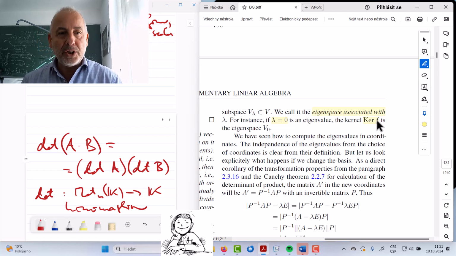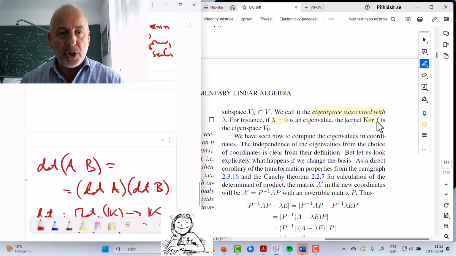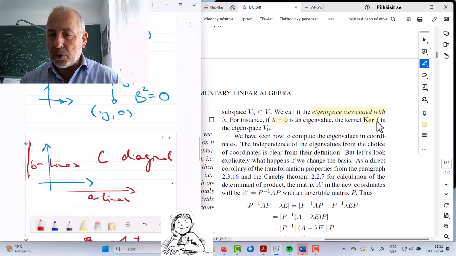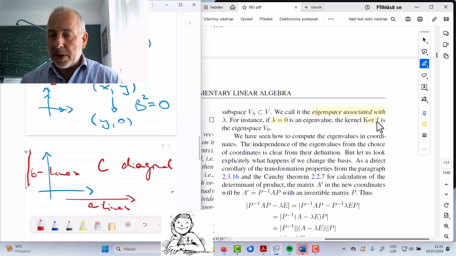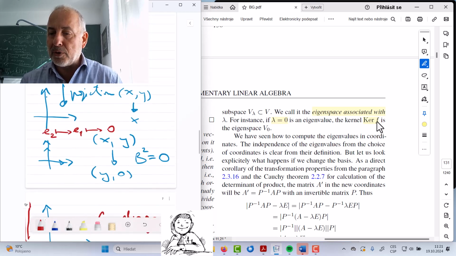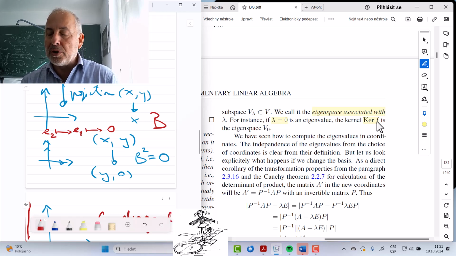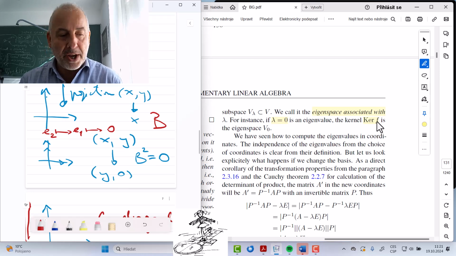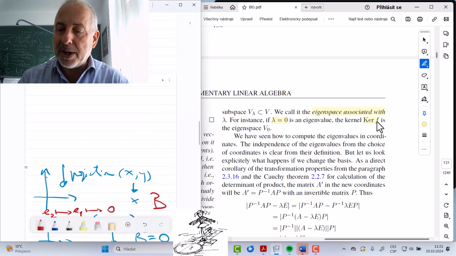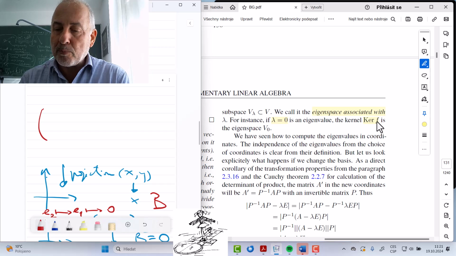So in our case of the matrices, if I go back, in the case of B, you see the only eigenvalue is 0. I can just write the matrix here, so it was 0 0 0 1, right?